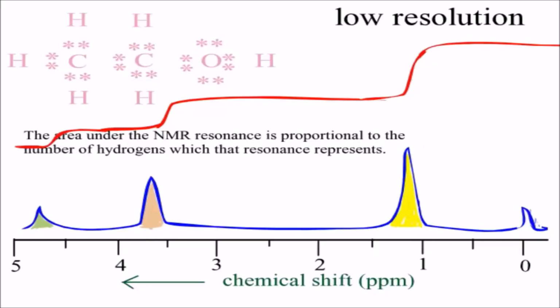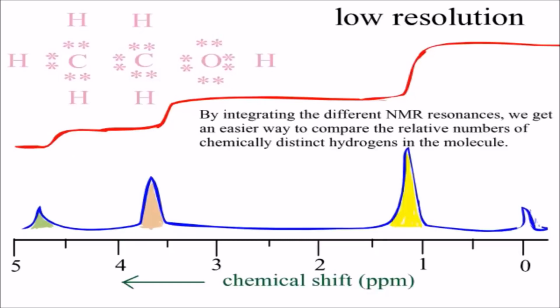As we move on then to the last peak, for the proton attached to the O, it's smaller again. So instead of measuring the areas under the peaks, we simply measure the heights in the integration trace. And if we compare the heights, then we get the ratio of the protons in the different environments.